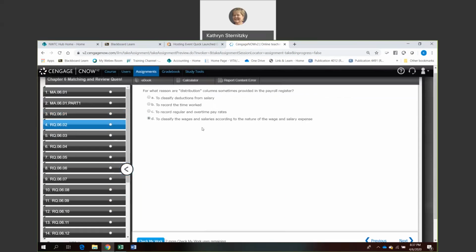To classify the wages and salaries according to the nature of the wage and salary expense. So I think what that means is instead of just having one wage and salary expense, you might have to split it between office and plant and different things like that. And that's exactly what we're going to have to do when we do the project.